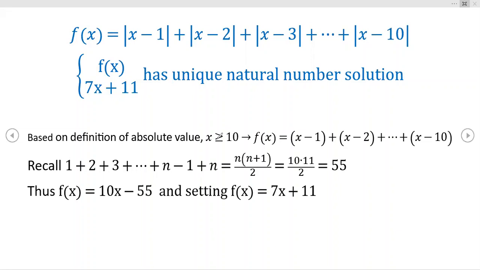But notice when you do that, each of the x minus i's is also going to be greater than or equal to 0.